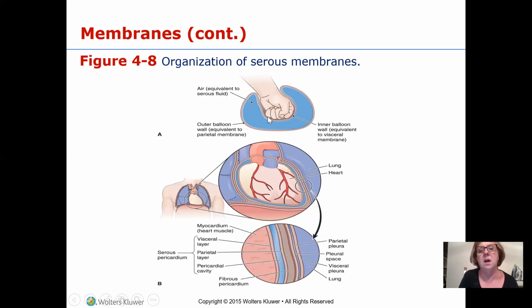The lining that is going right around the organ is the visceral peritoneum, or the visceral layer, and then the outer layer would be the parietal. Okay, so here you have the visceral pericardium going around the heart, and then it enfolds and goes around the outside, and that would be the parietal.